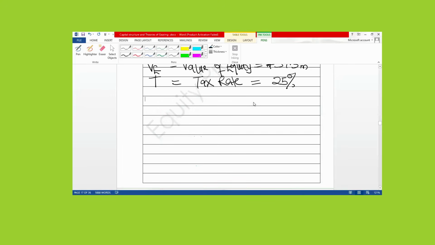I think it should be enough now. Weighted average cost of capital of geared is equal to WACC of ungeared, that is 20, brackets 1 minus value of debt, 10, multiplied by the tax rate, over value of equity, 57.5, plus value of debt, 10.